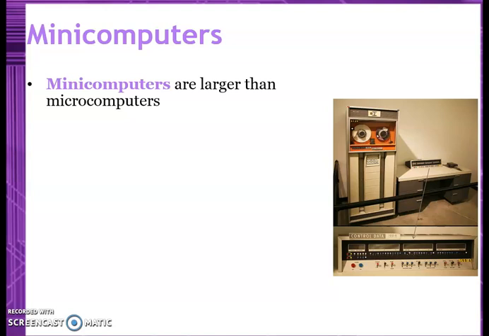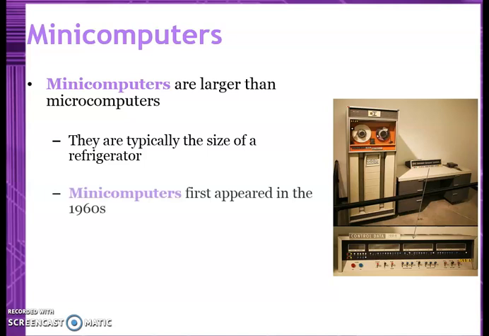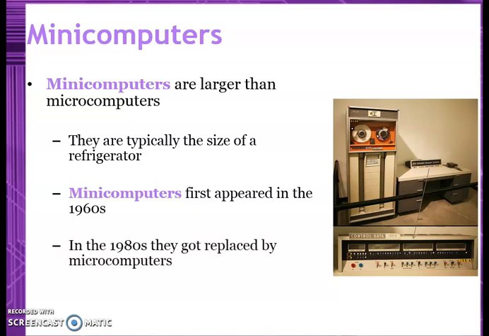Then we will talk about minicomputers. Minicomputers are called mini, but they are larger than micro. Micro is smaller than mini. They are typically the size of a refrigerator, and they first appeared in 1960.